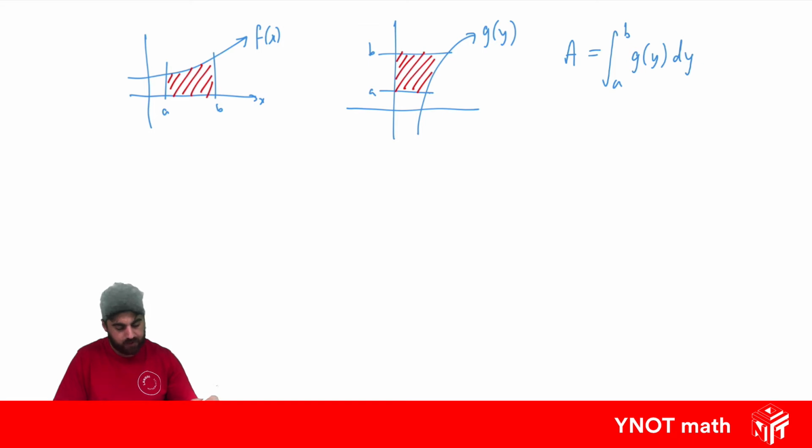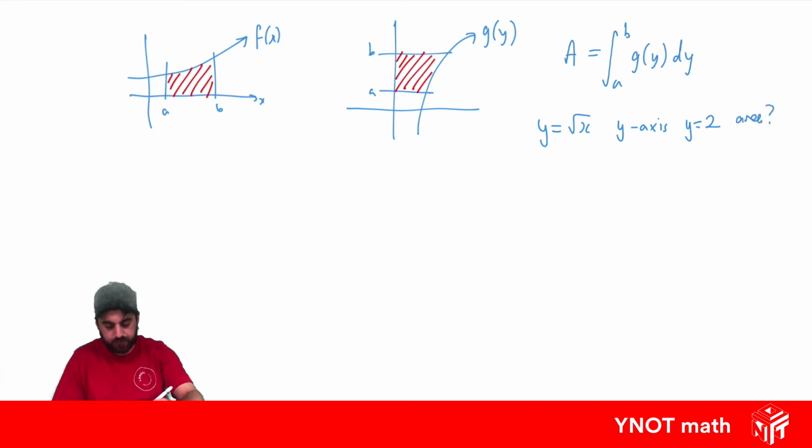Let's have a look at an example. We want to find the area bound between y equals root x, the y-axis, and y equals 2. So let's graph it out and see what we're dealing with.